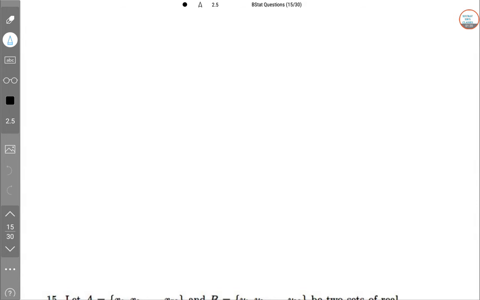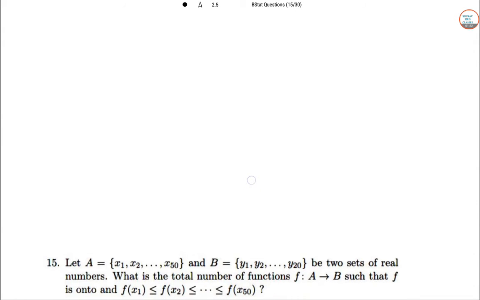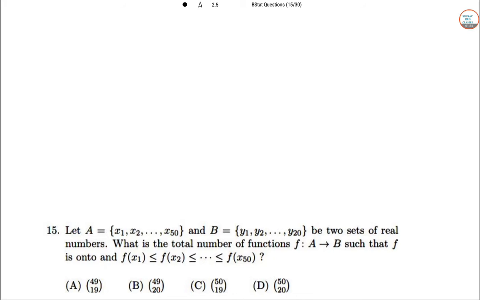Next one, question 15. Let A equal x1, x2, up to x50, and B be the second set; two sets are given.